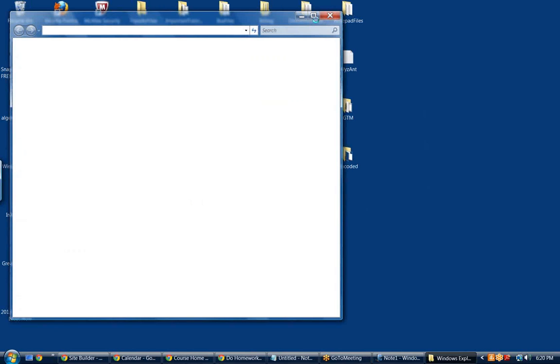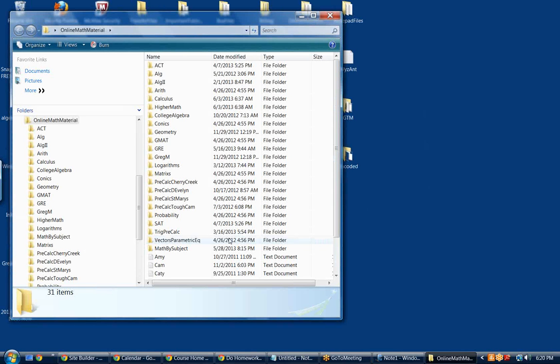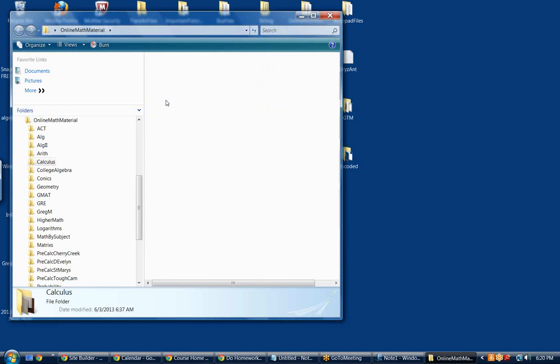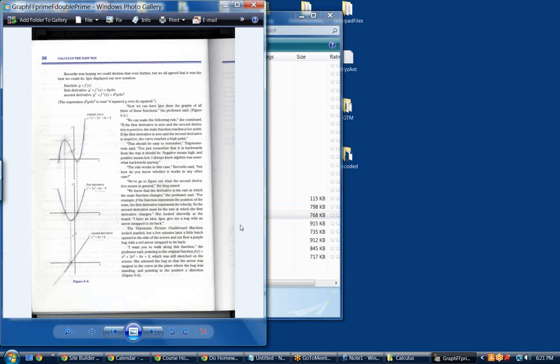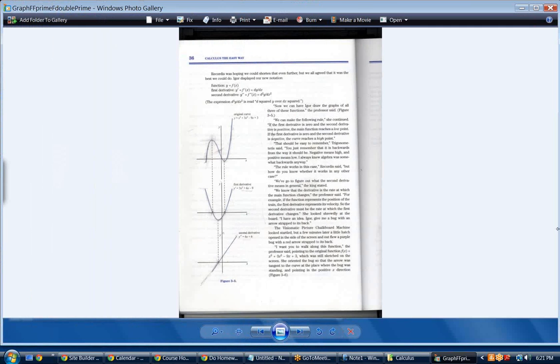I usually show it to most of my calculus students if I can figure out where I put it. Have I showed this to you before? I don't believe so. Here we have the function. Here we have the first derivative, and here we have the second derivative.